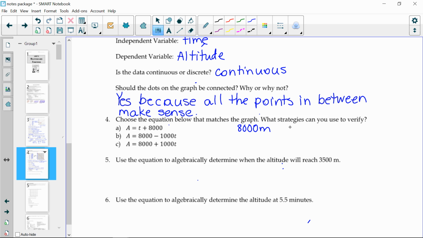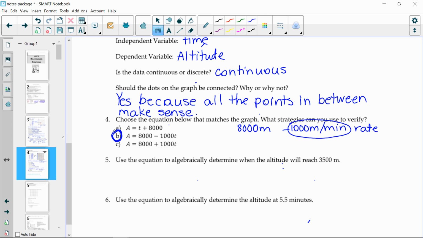And it is descending 1,000 meters per minute. That is our rate. Okay, this is a rate. So that means that if we are descending we are taking away 1,000 times the number of minutes. So the equation that will work is B.